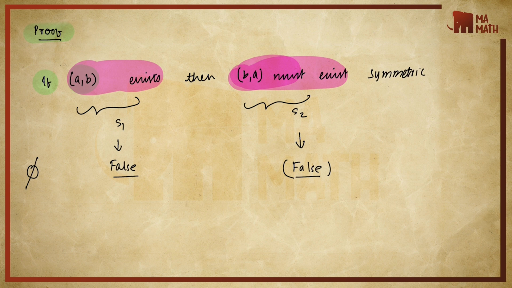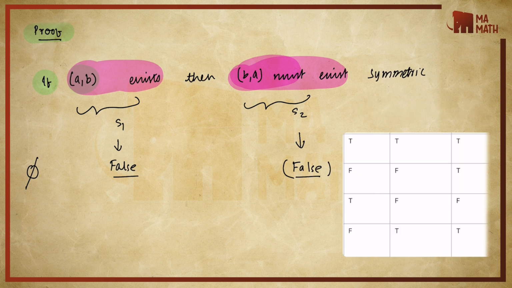So when that happens, we have seen according to this table that our assumption is false and our conclusion is false, then the resultant compound statement's value is true. That means definitely for null, the statement is true. That is, null is actually a symmetric relation.